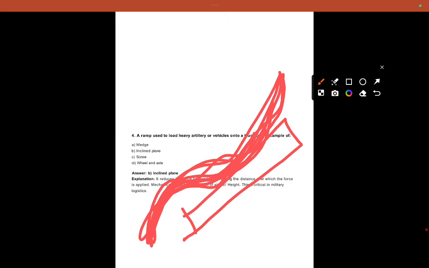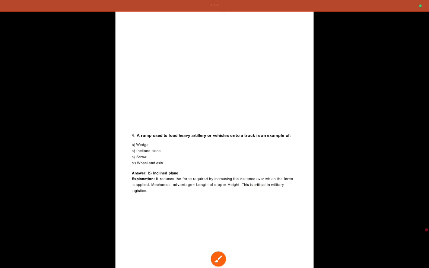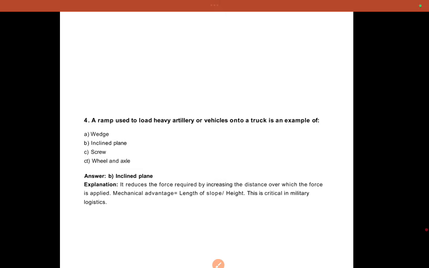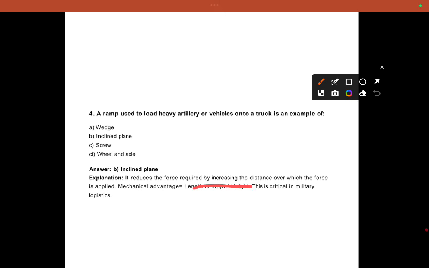To do work in a simple way we are using a ramp. So ramp is nothing but an inclined plane. It reduces the force required by increasing the distance over which the force is applied.